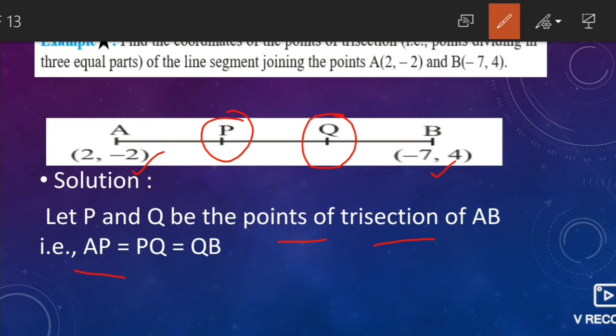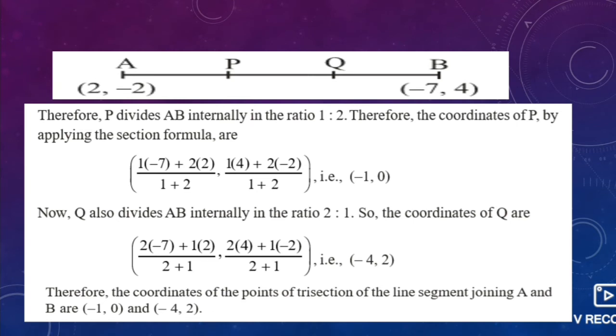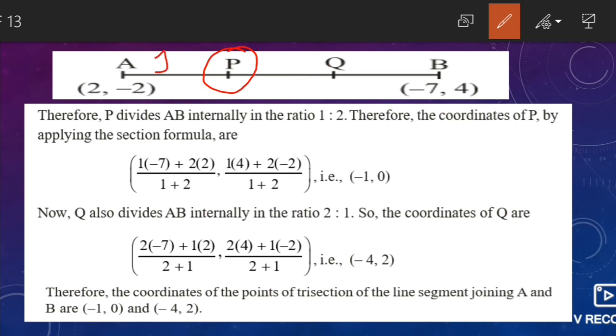Now since P and Q are the points of trisection of AB, you can say that AP is equal to PQ is equal to QB. These 3 parts are equal. Now suppose Q is not on the line. Then you can say that P will divide this AB line in 1:2 ratio, because there are 3 parts in total.